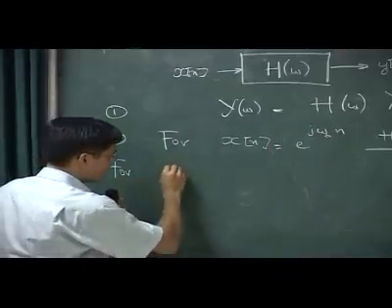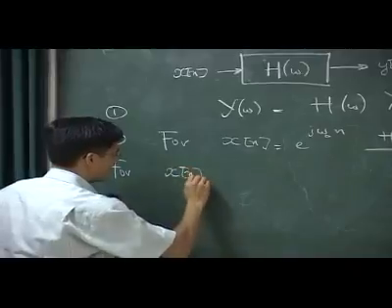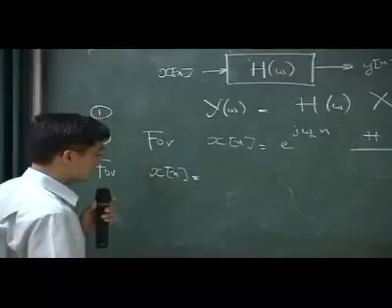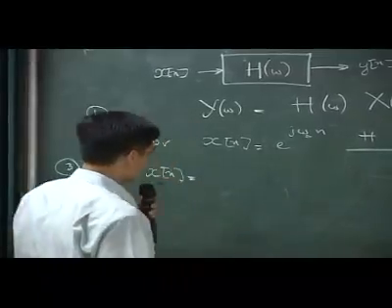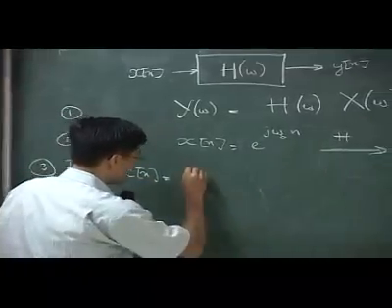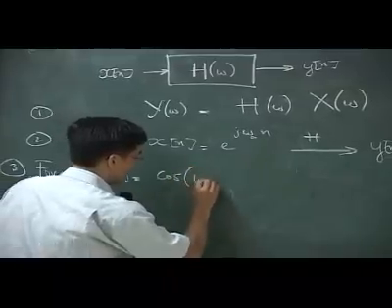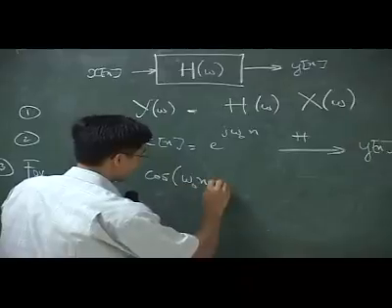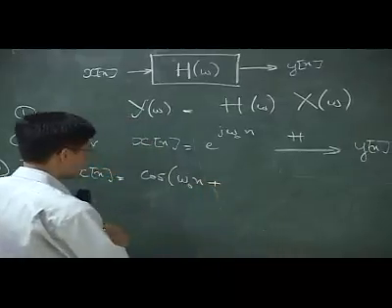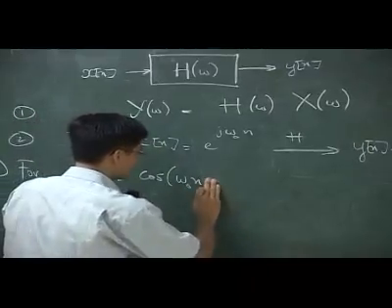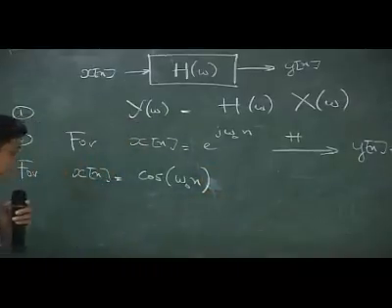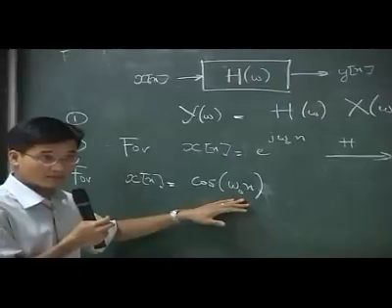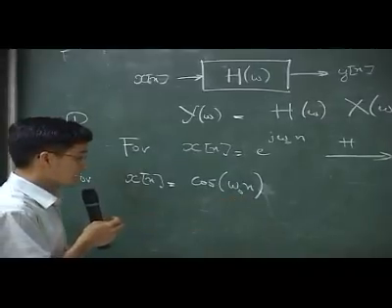Let's say I look at the signal x[n] equal to something we're more familiar with, namely cos of omega naught n. This is a very simple cosine signal.